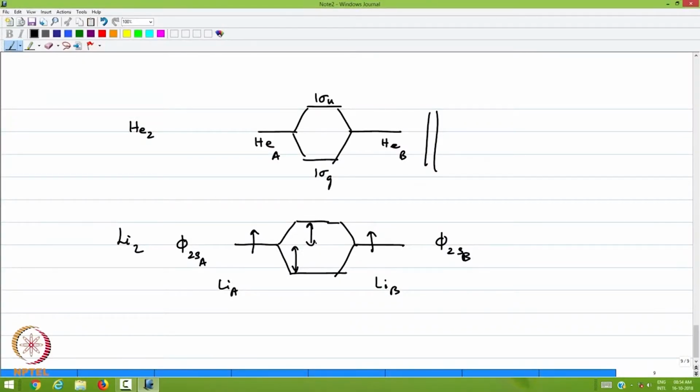So, this is usually written by the symbol lithium 2, 2 sigma G. This is 2 sigma G and this is 2 sigma U. Therefore, the configuration for lithium 2 is essentially 1 sigma G 2, 1 sigma U 2, which is usually written as KK. And if you write this as KK, then this is 2 sigma G 2.